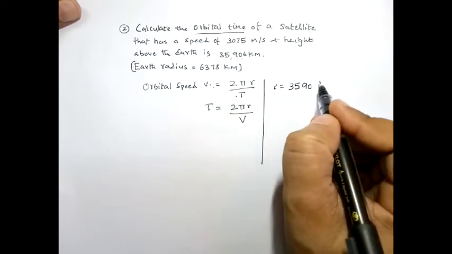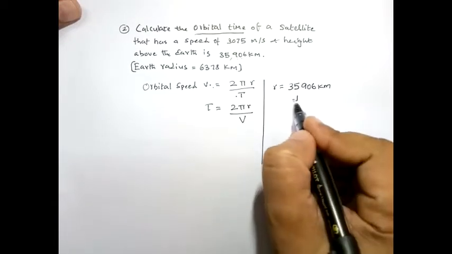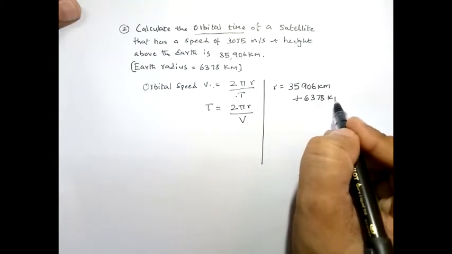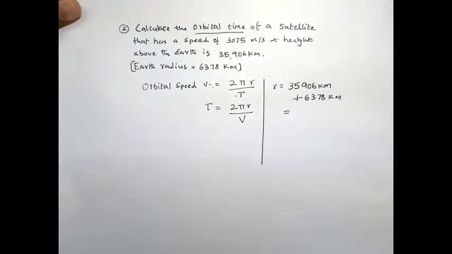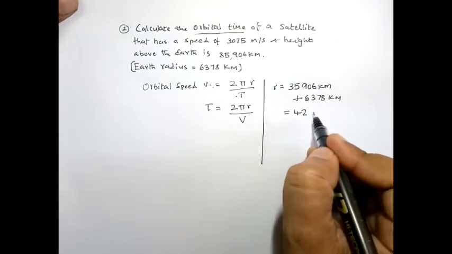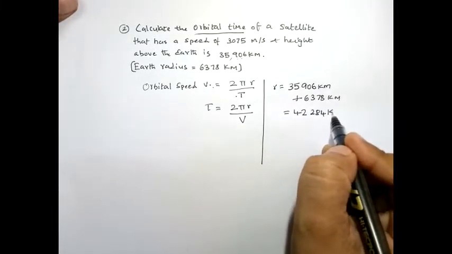35,906 kilometers plus 6,378 kilometers. So what is the answer? It gives you somewhere around 42,284 kilometers.